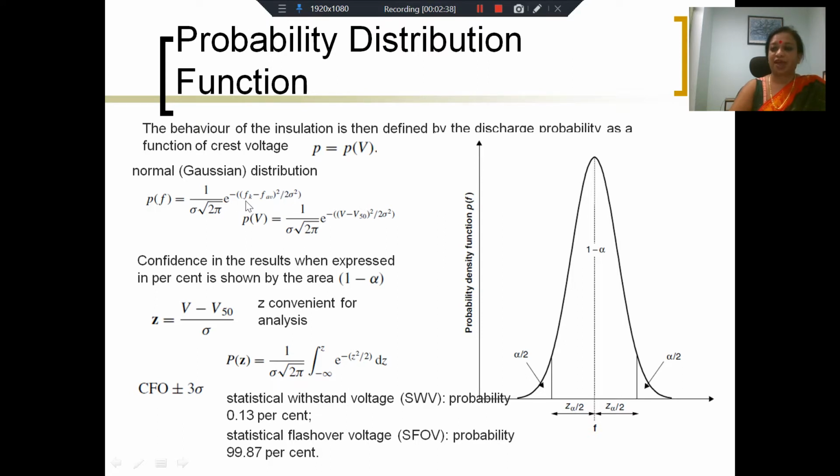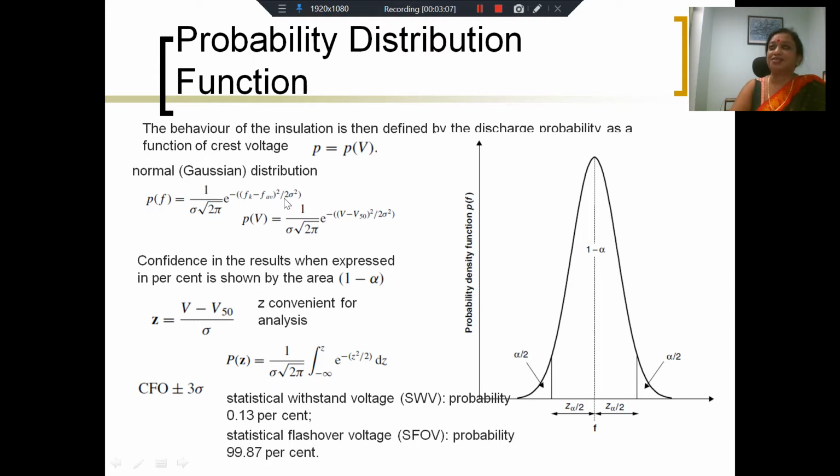What is fk? fk is a certain value of f. The probability associated with that value fk is given by P(fk), and the total distribution is given by P(f) as k varies from minus infinity to plus infinity.